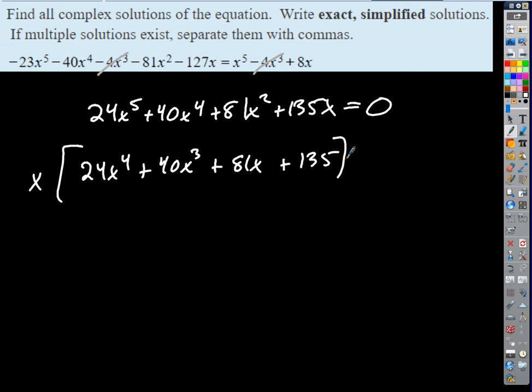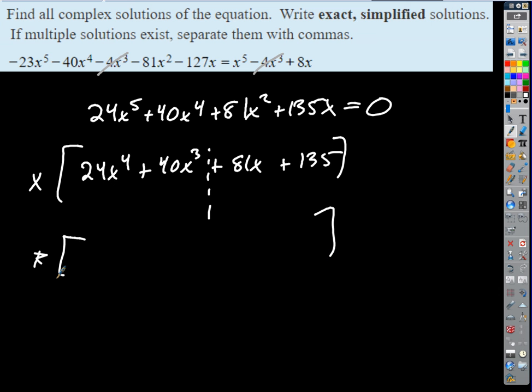This one I have to keep going with. I've got a 4-term polynomial, so what's my strategy for 4 terms? Grouping. So we're going to factor by grouping. Keep in mind, this is all inside the brackets. I like to put brackets up here when there's a big factor that's going to get broken down further, because then I end up with brackets on the outside and maybe parentheses on the inside. It's easy to keep track.